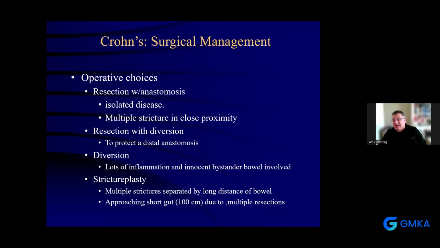If they had 3 strictures in a 30 centimeter segment and then 100 centimeters downstream they had another stricture, you could do 2 resections, or you could do 1 resection and a stricturoplasty. I would probably do 1 resection and a stricturoplasty if they had only 300 centimeters of intestine instead of 500. If they had 500, I'd probably do 2 resections. So you have to mix and match depending on, once again, the number of surgeries, the age of the patient, the virulence of the disease, how many prior surgeries they've had, and how much intestine they have left.